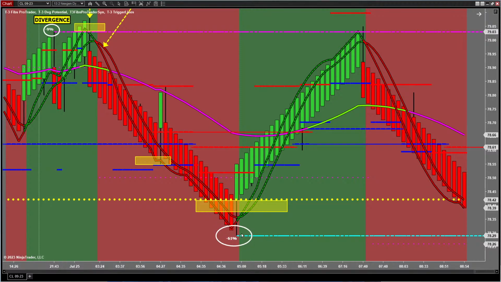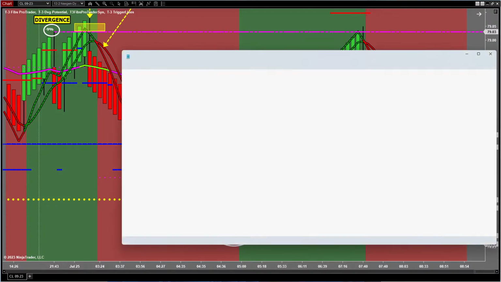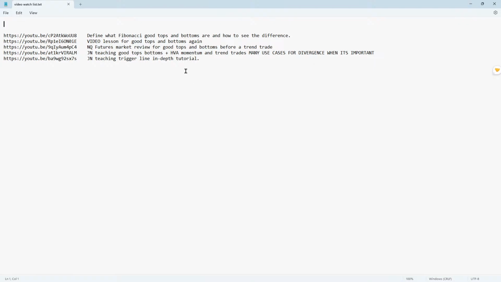And anytime you see a termination area, fibs, pivot stop outs of divergence lines, 1-to-1s, and they include divergence. Did you guys get that list of videos that I put in? I'm going to put it in again here for you. In this list of videos, there's one that I did which is teaching good tops and bottoms and use cases for divergence and when divergence is important.